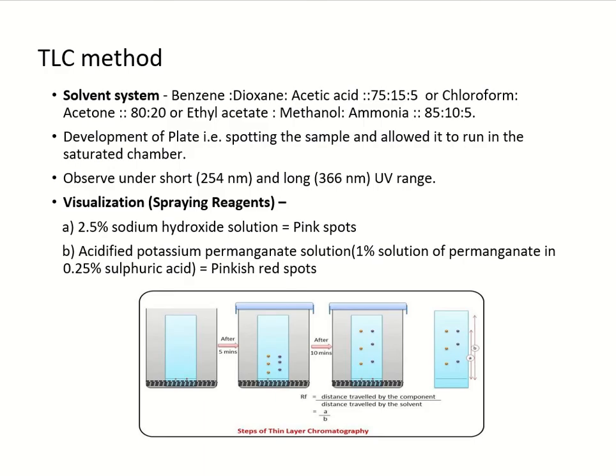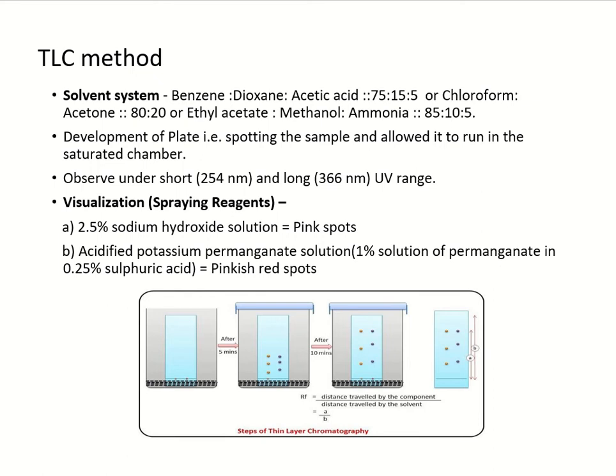TLC method. The solvent system used for phenolphthalein is benzene, dioxane, acetic acid in the ratio 75:15:5, or chloroform and acetone in the ratio 80:20, or ethyl acetate, methanol and ammonia in the ratio 85:10:5.